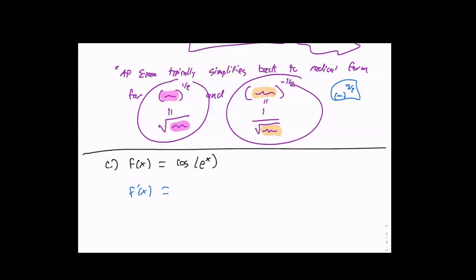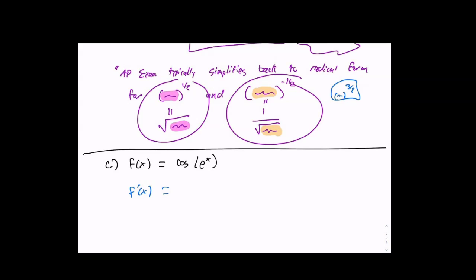So this is not an exponential at its base. This is a cosine derivative that goes into an exponential for the chain rule, a cosine chain rule problem with an exponential baby.